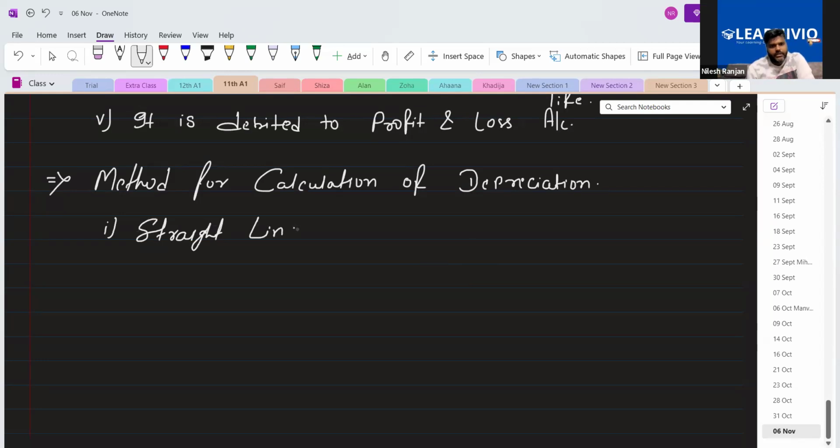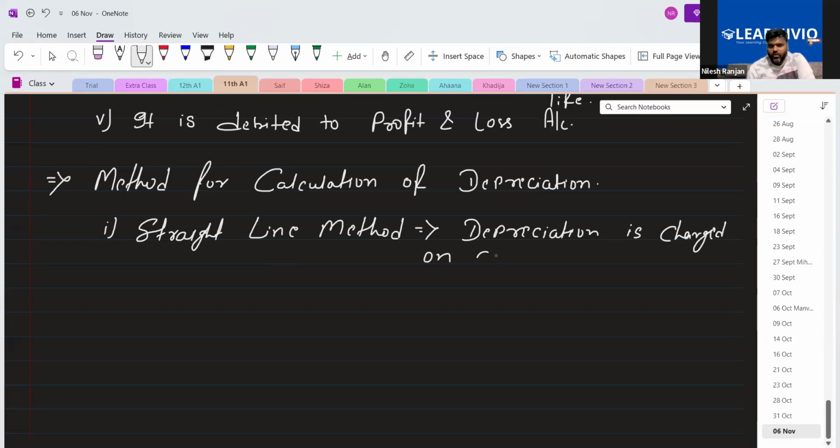Straight line method. Now, under the straight line method, the depreciation is charged on cost every year.